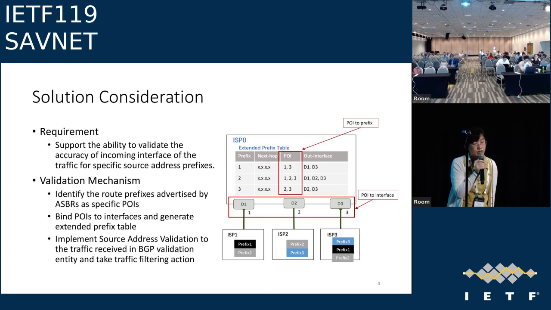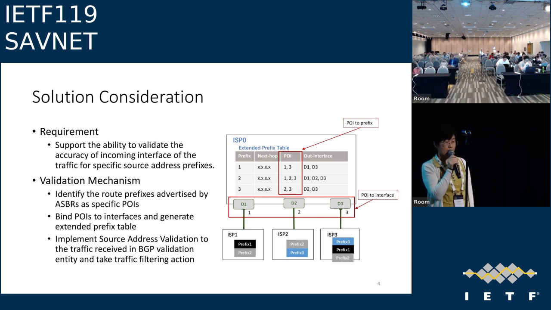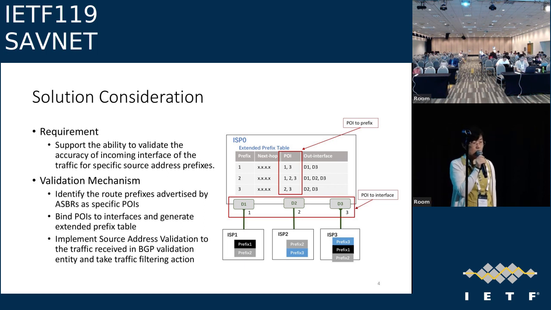For the validation mechanism, we use the POI mechanism policy. This policy involves, first, tagging the route prefix, and second, binding the interface with POI and generating the prefix and interface policy.